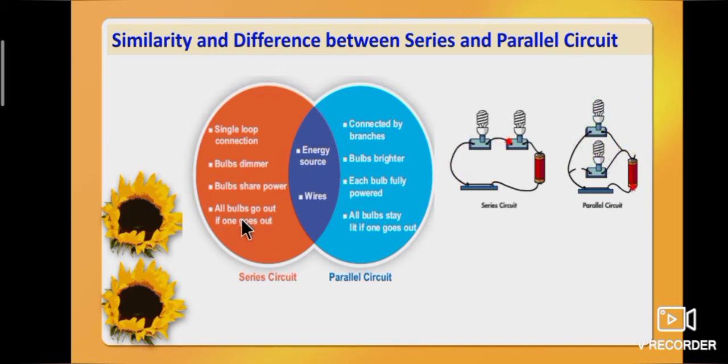All bulbs go out if one goes out. In parallel circuit, connected by branches. Bulbs brighter. Each bulb fully powered. All bulbs stay lit if one goes out.